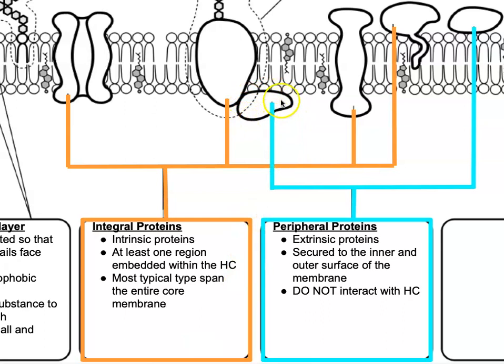Notice this protein is associated with the inner surface of the membrane, and this protein is associated with the outer surface of the membrane. Peripheral proteins do not interact with the hydrophobic core of the bilayer. There is no extension of the protein into the hydrophobic core as there is with integral or intrinsic proteins.